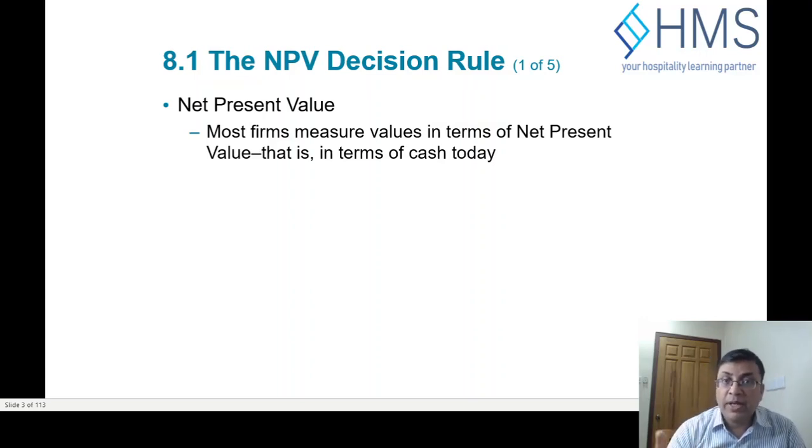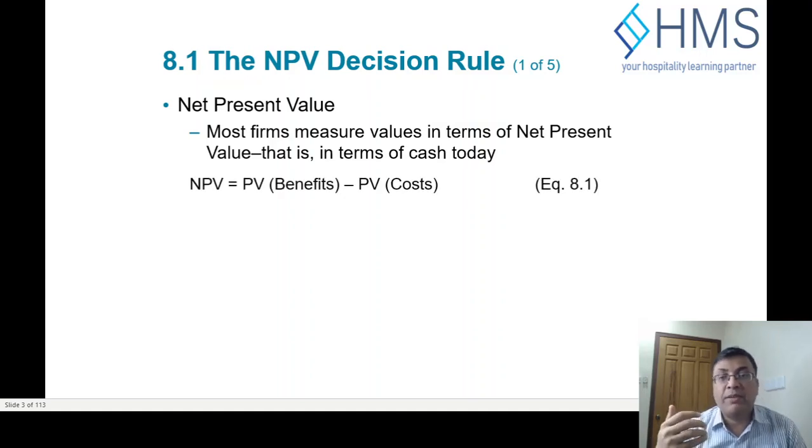So how do we do that? The formula for calculating the net present value is the present value of benefits, calculated at some discounting rate, which we are going to talk about, minus the present value of costs. Costs you may have to invest at the beginning of the project or during the project as well.